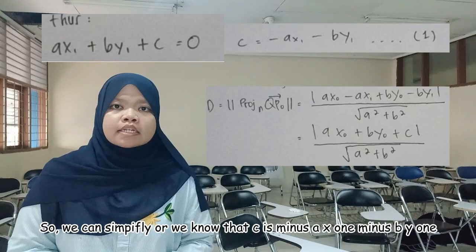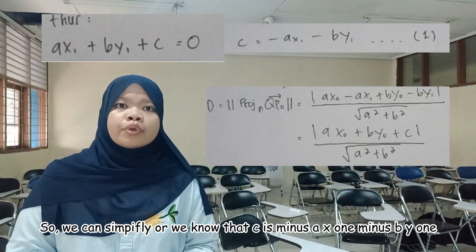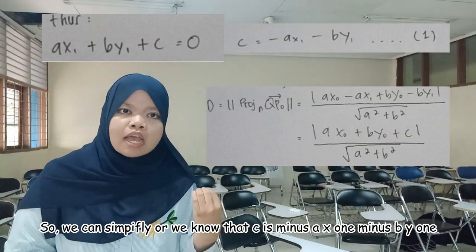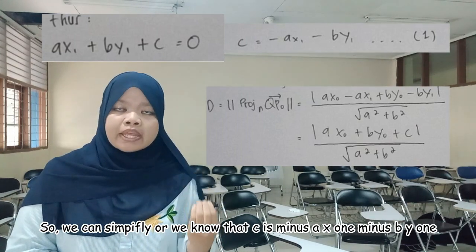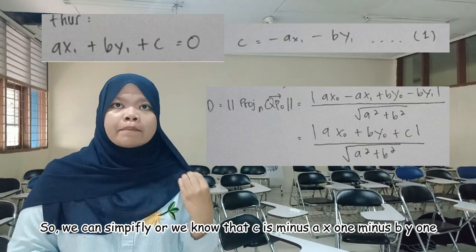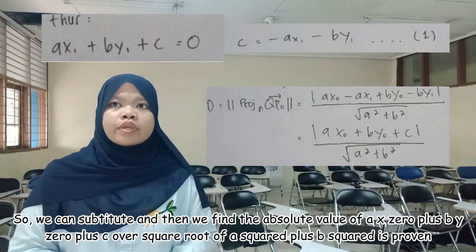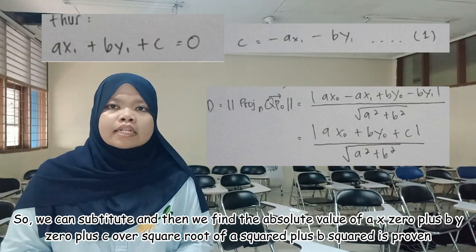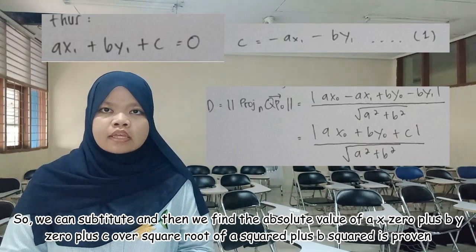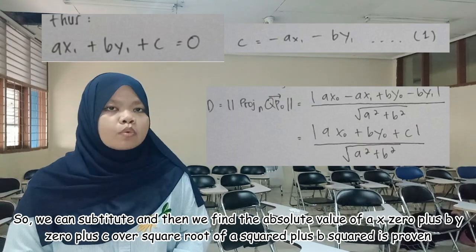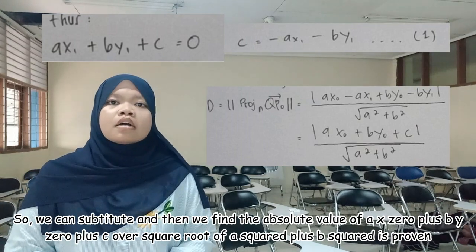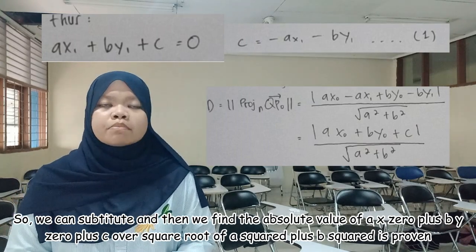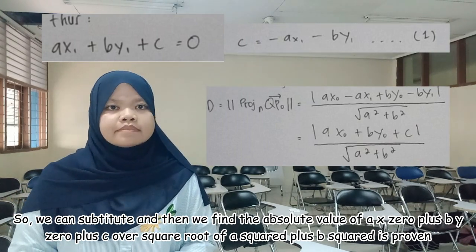We know that c is minus a x1 minus b y1, so we can substitute, and then we find the absolute value of a x0 plus b y0 plus c over the square root of a squared plus b squared. This is proved.